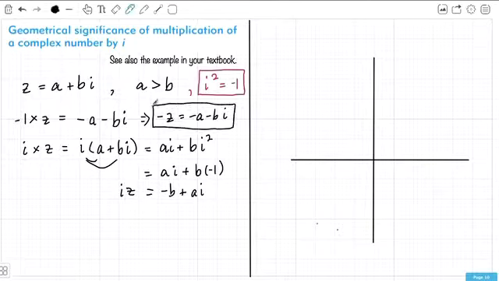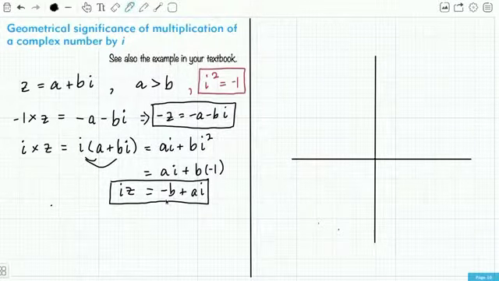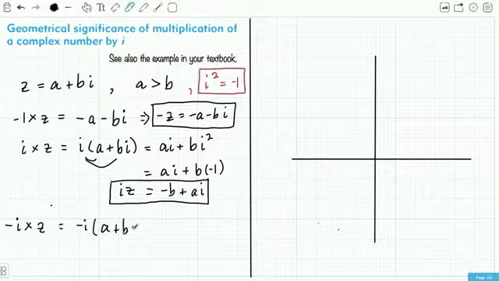I times z swaps the a and the b from being real and imaginary, and it also changes the sign in front of the b. Now the last one we're going to do is multiplying -i by z to see what happens, and when we graph them, we'll actually see the different patterns that occur here.